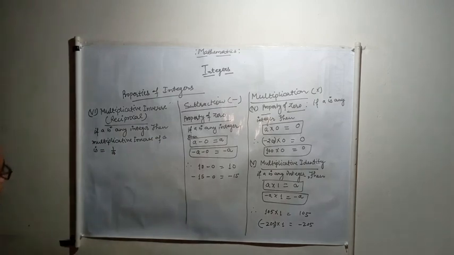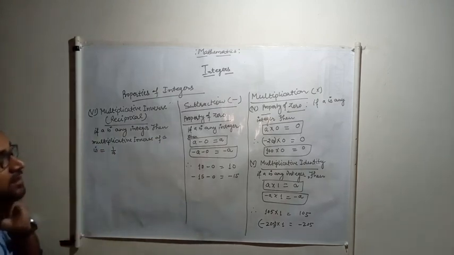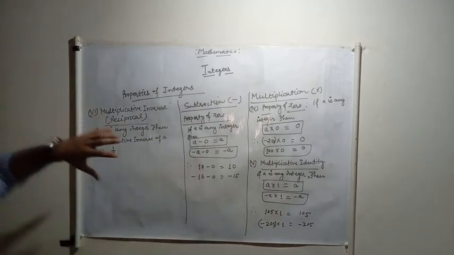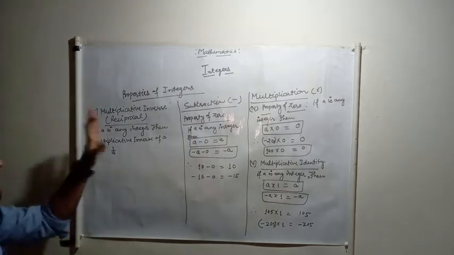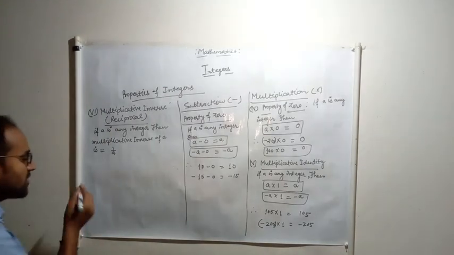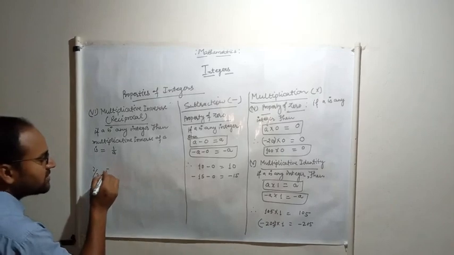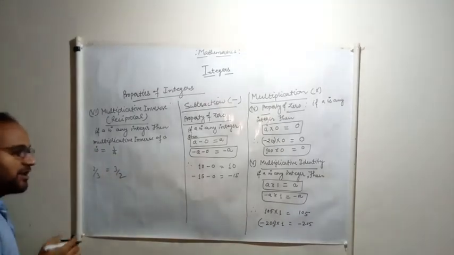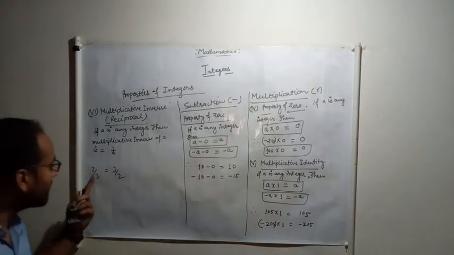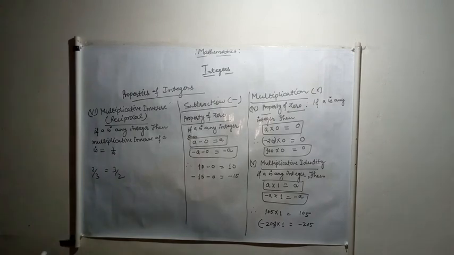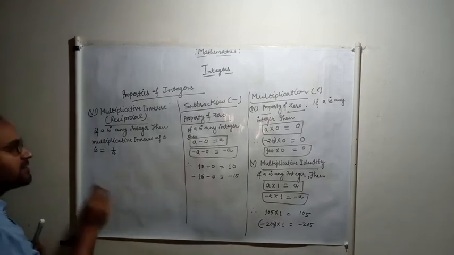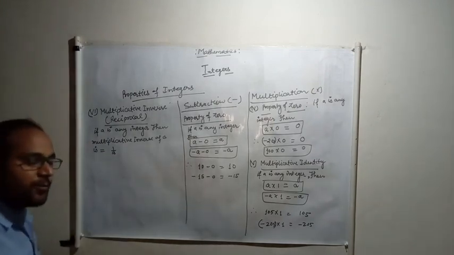Suppose I take the fraction 2 upon 3. The multiplicative inverse of 2 upon 3 is 3 upon 2; we just swap the denominator and numerator. But for an integer a, its multiplicative inverse is 1 upon a.